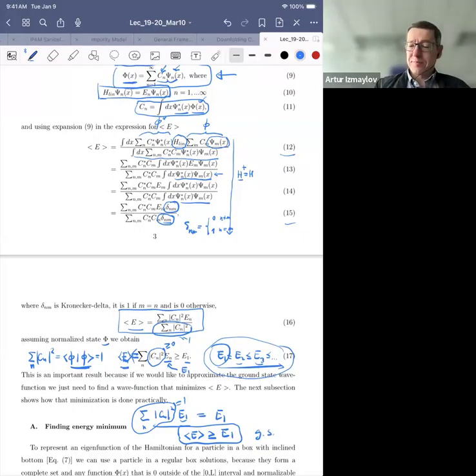For non-Hermitian Hamiltonians, you may have two different eigenfunctions, whether you apply the operator from the left or from the right.